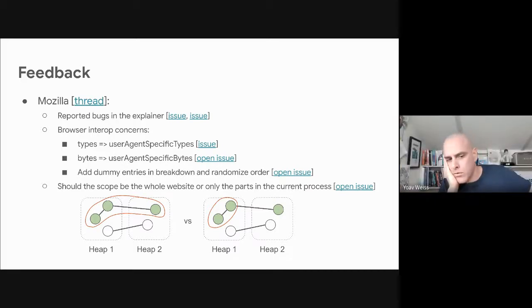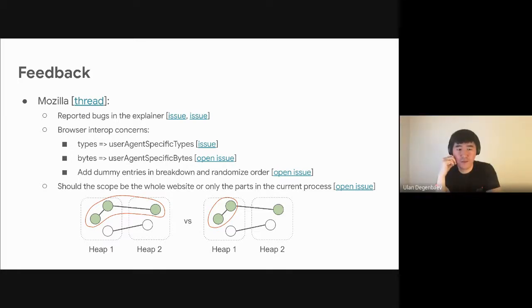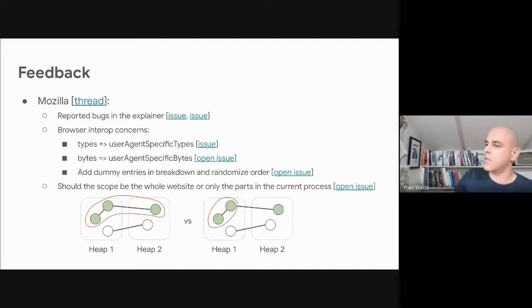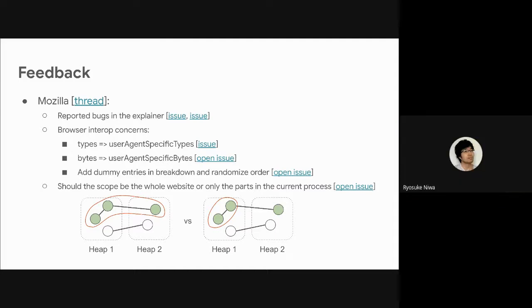Just to emphasize, this is only for pages that are cross-origin isolated, with CORP enabled on all those iframes and all the resources they load. That's true. Ryosuke, does that address your concerns? We still have cross-origin iframes, right?